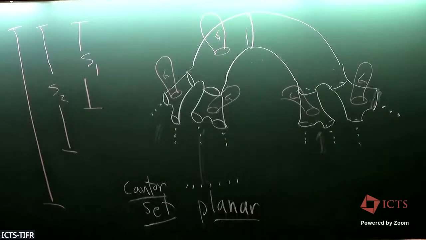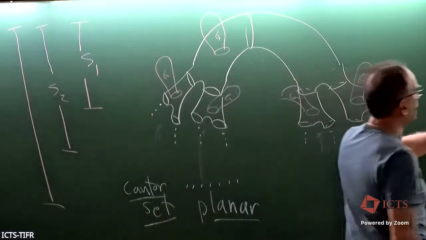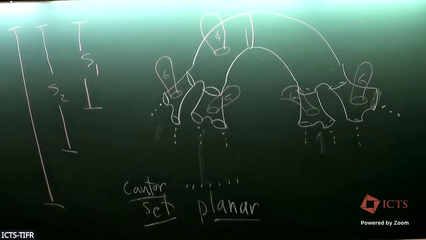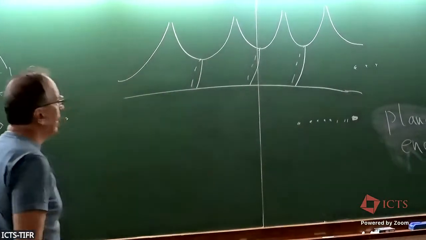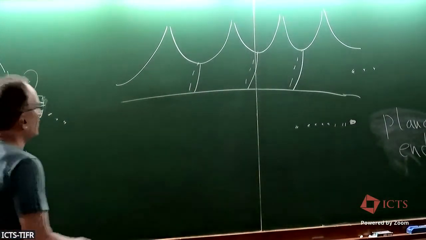The question was, can you make any space with a non-planar end? Yes, I guess that's right. Because, for example, with this, I could have added one handles going out, and actually that would be interesting. What does this look like?